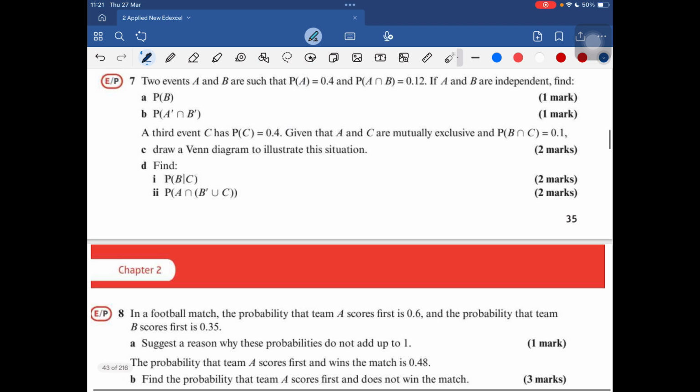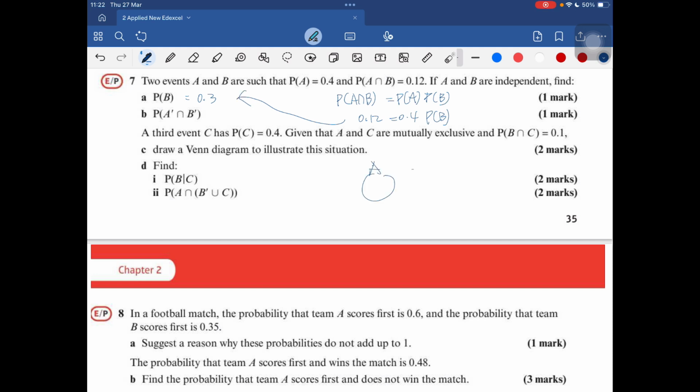Two events A and B are independent, which means P(B) is 0.3, as P(A and B) is P(A) times P(B). 0.12 is 0.4 times P(B).